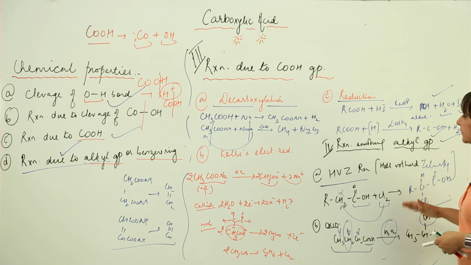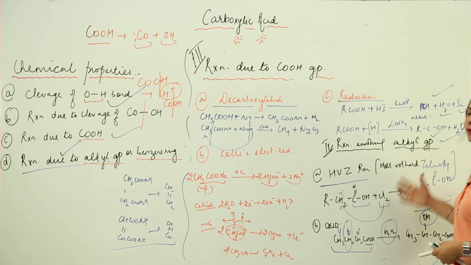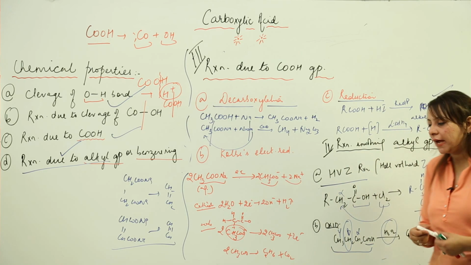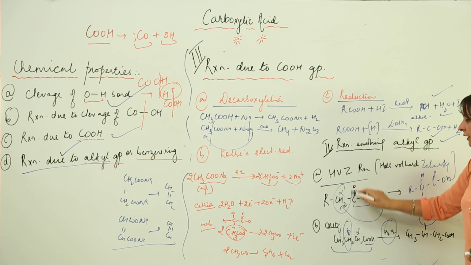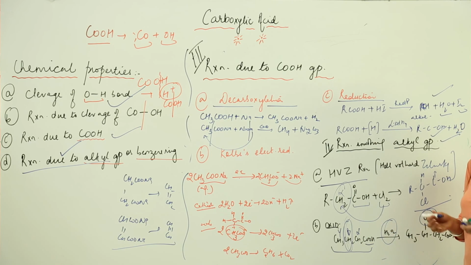So the alkyl group gets transformed into a chloro acid, or into a hydroxy compound. The condition required is that there should be an alpha carbon, and the OH gets added to the beta carbon.